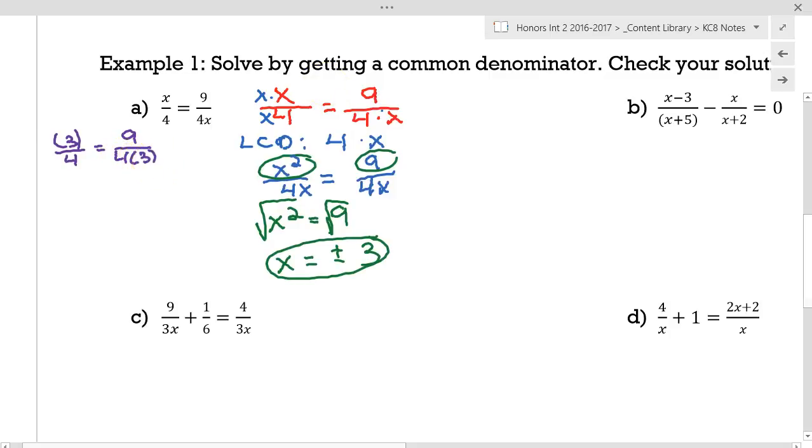All I'm going to do is plug both sides into my calculator. 3 divided by 4 is just 3/4. 9 over 4 times 3, when I plug that into my calculator, I get 3/4.